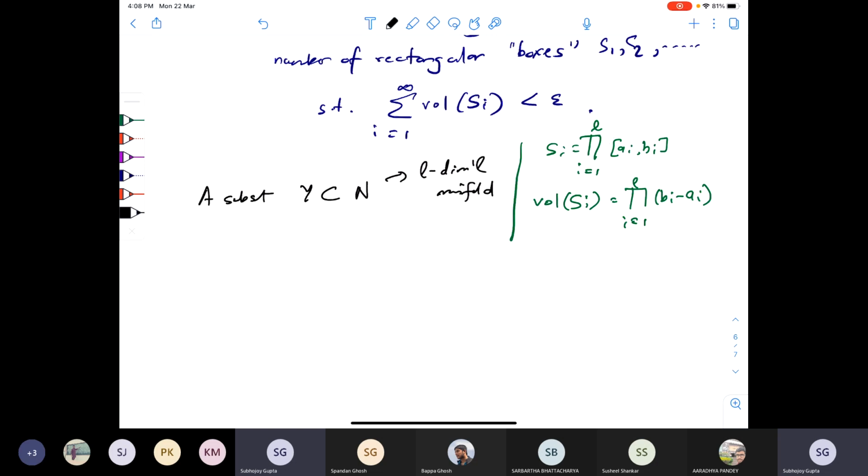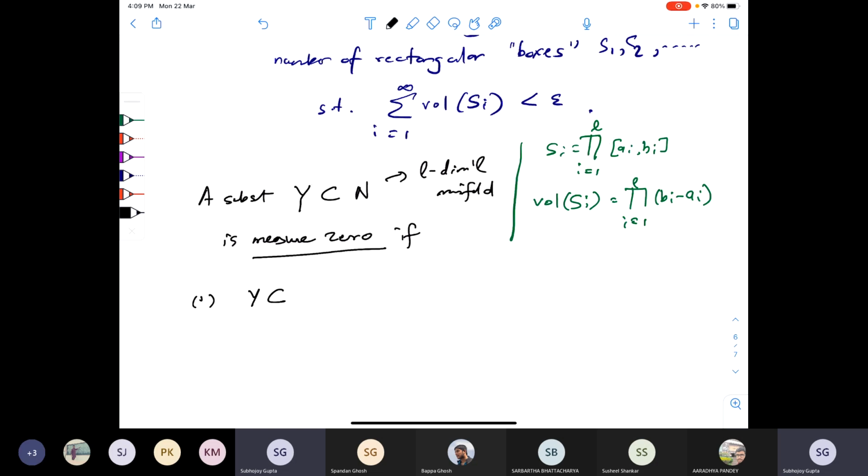So let me call the subset Y. So it is measure 0 if... So the first case is, if it's contained inside a chart, then it's the usual definition.